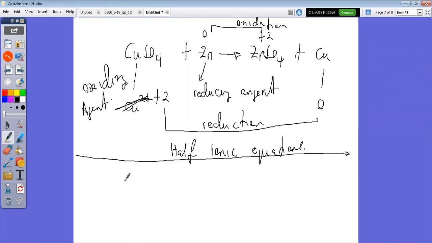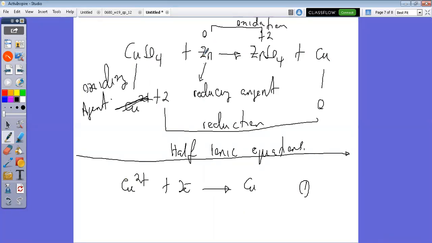This copper is a copper ion 2 plus in this solution. If it's 2 plus, it means it has lost 2 electrons to this sulfate. But for it to go back to this, it actually gains 2 electrons to form copper. That's the first half ionic equation of what's happening there. Are we together?